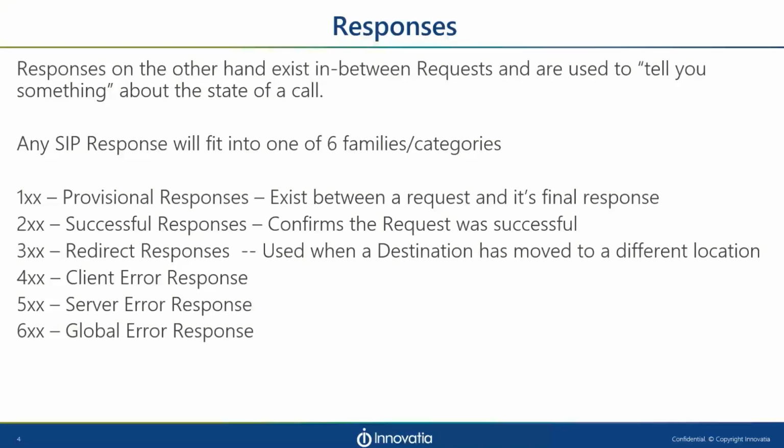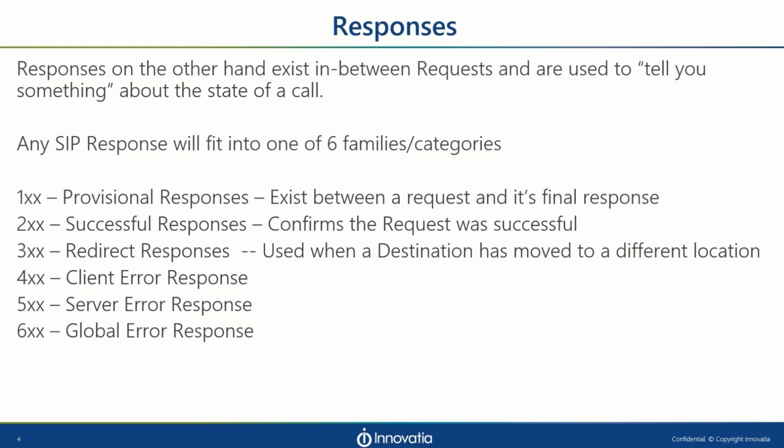When we talk about the six categories or families, we have our 100 series responses, what are known as provisional responses. These responses exist during the initial call setup.